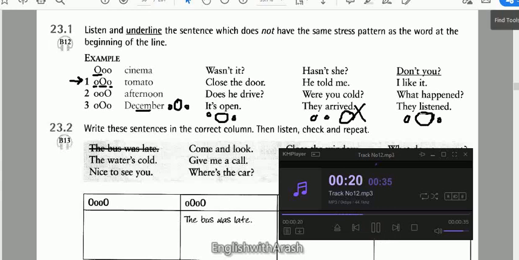Tomato. Close the door. He told me I like it. 2. Afternoon. Does he drive? Were you cold? What happened? 3. December. It's open. They arrived. They listened.